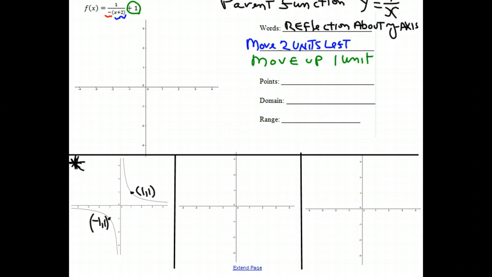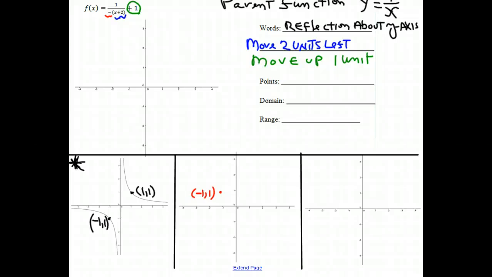Our first transformation says let's reflect it about the y-axis. So we will do that. The easiest way to do it is, first of all, to draw our point 1, 1. If it gets reflected about the y-axis, it would end up at negative 1, 1. And our other point, negative 1, negative 1.